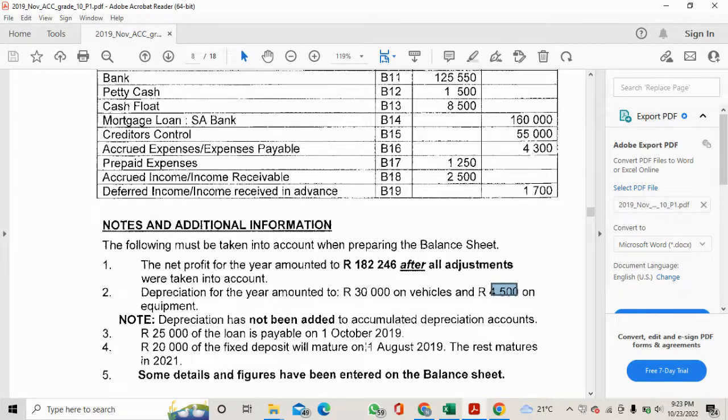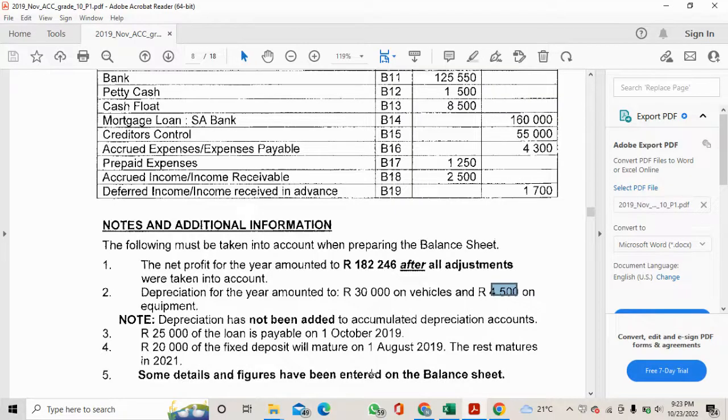So what are we going to do here? Remember, what is our non-current asset? Non-current assets are the assets that can last for a period of more than 12 months. But this one will not last for a period of 12 months, right? It will now become a current asset, a short-term investment.